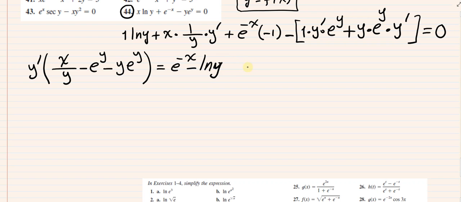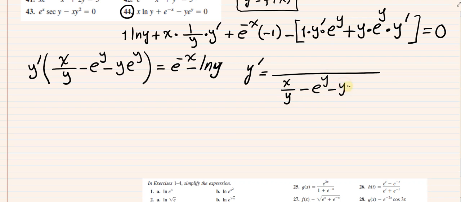Okay, and the final step is to isolate y prime. Divided by x over y minus e to the y, negative y e to the y, and on the other side, I just have e to negative x, negative ln of y, right? That's what we have.